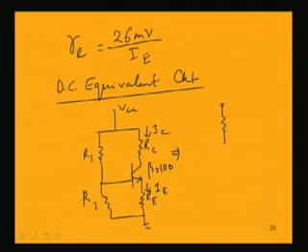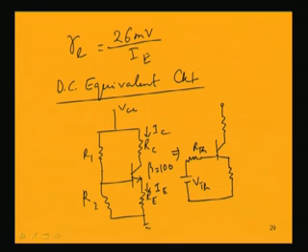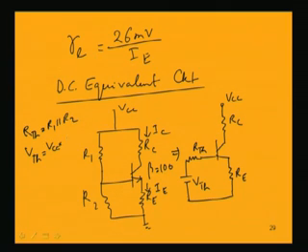This Thevenin's equivalent circuit will have this resistance R Thevenin and voltage V Thevenin, VCC, RC, RE. Now we know what V Thevenin and R Thevenin are. R Thevenin is the parallel impedance between R1 and R2, and V Thevenin is VCC into R2 by R1 plus R2.